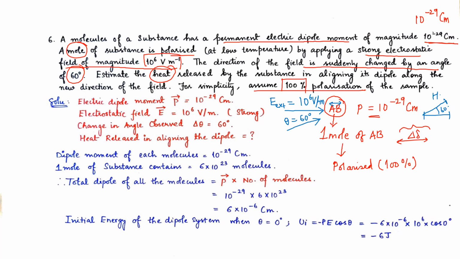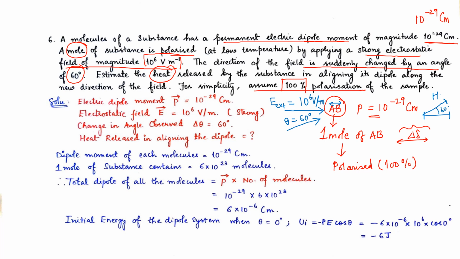That is 100% polarization. In an ideal situation, it is extremely tough to achieve a 100% polarized state of a substance.